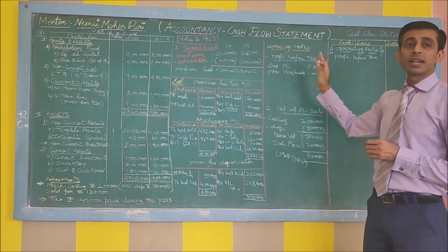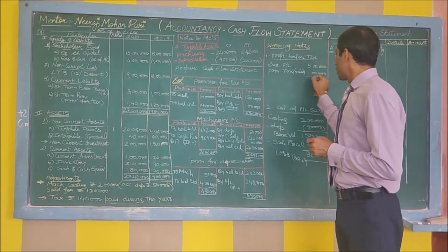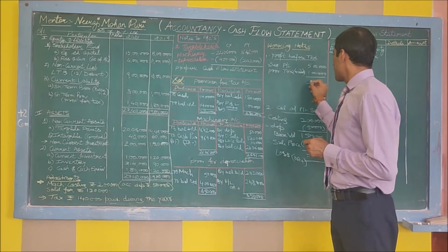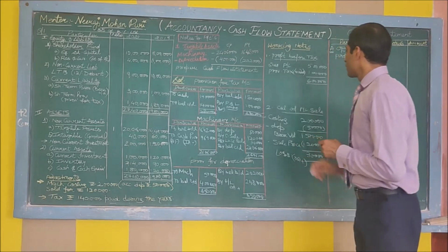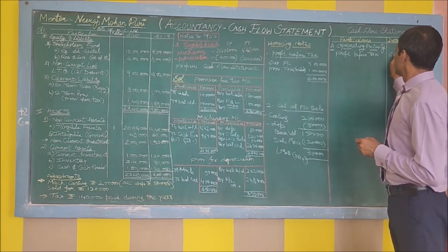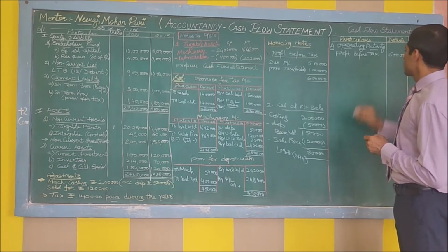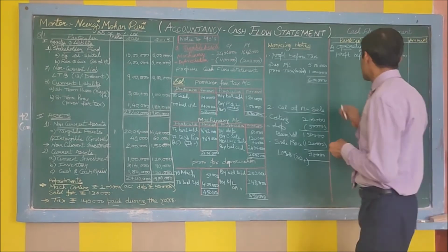Provision for tax and tax refund. So we have only these two items. Add it. This gives us 6 lakh rupees. This will be copied here in the detail column, 6 lakh rupees.